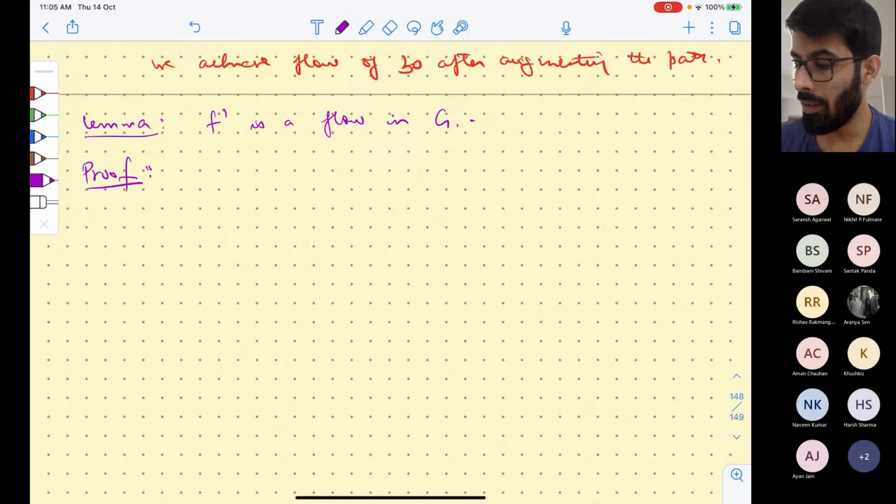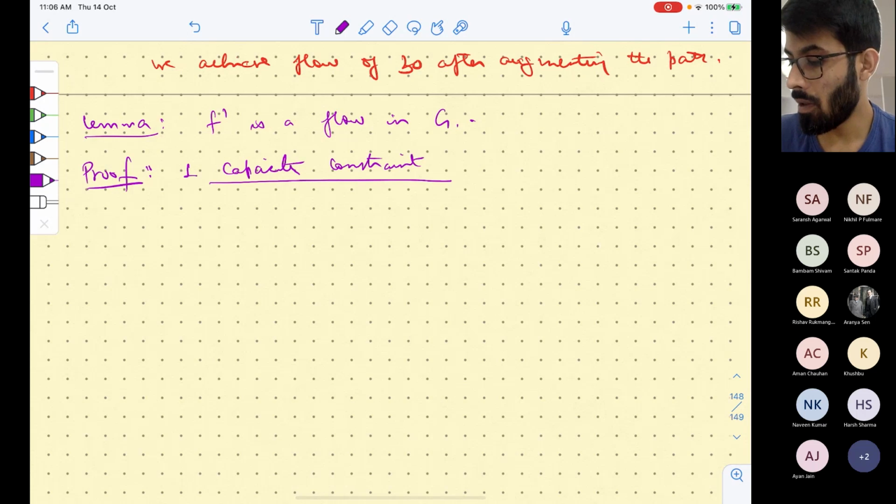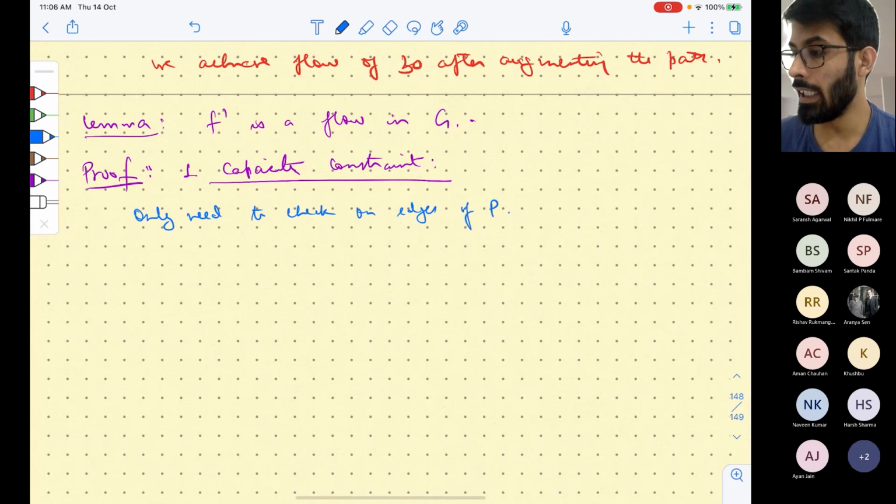So let's say first the capacity constraint. We only need to check on edges of P because only for these does the f value change.